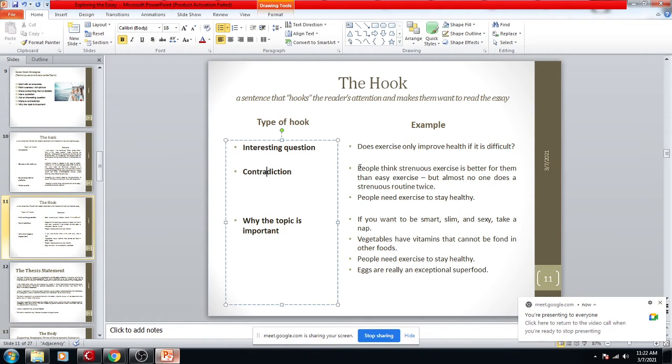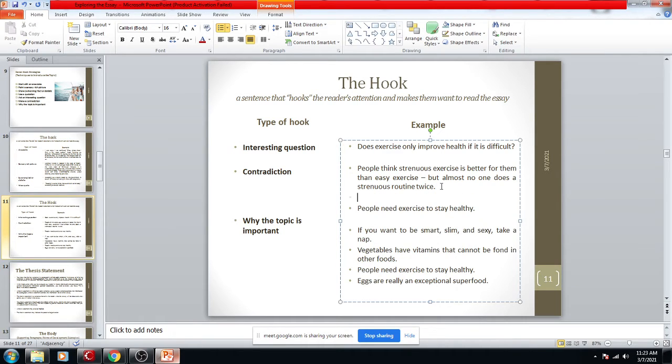Contradiction. People think strenuous exercise is better for them than easy exercise, but almost no one does a strenuous routine twice.